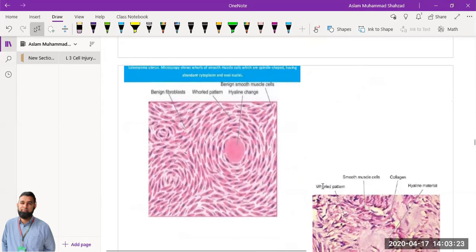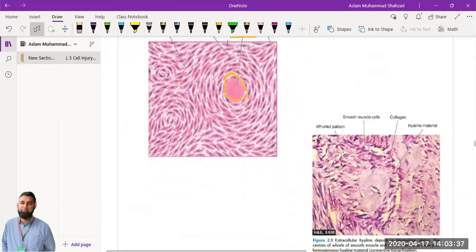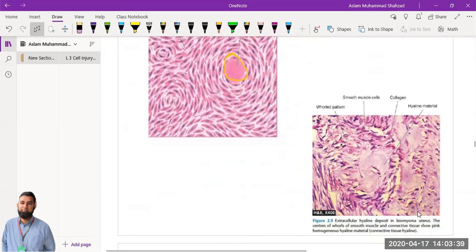And the most common characteristic that we will find is this hyaline change that is present. You can see this is the picture that has been drawn, and on the right side this is actually the picture that has been taken from the microscope.